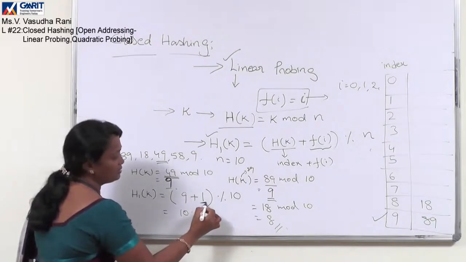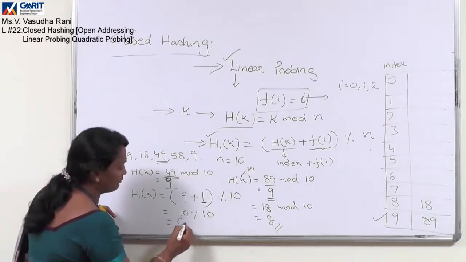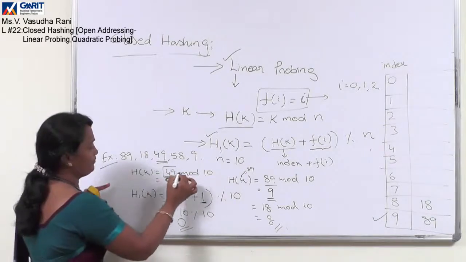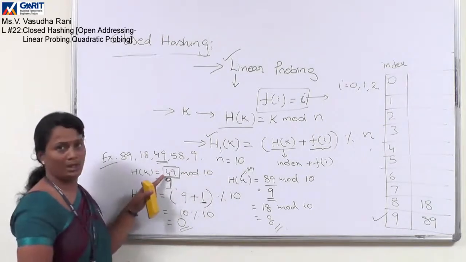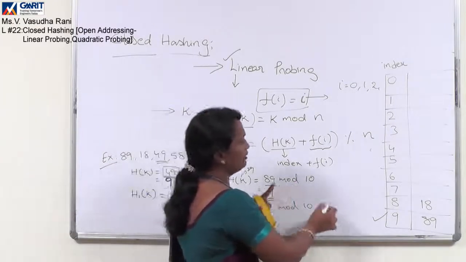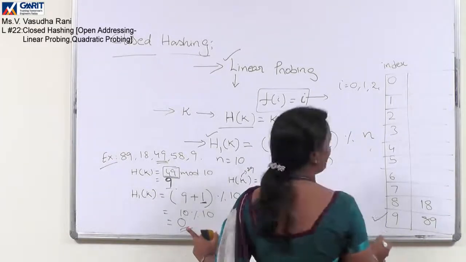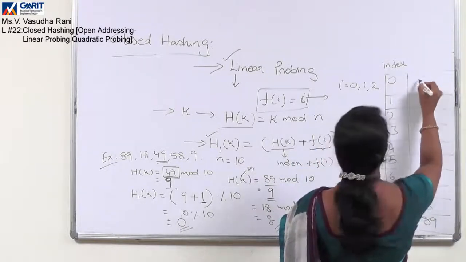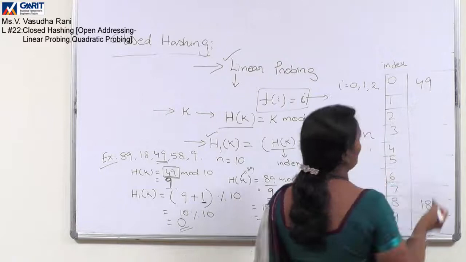So here this is the added value. We have got index 0 here. So for this second value 49, which is a synonym for 89, the index we have got is the 0th index. So into the 0th index you have to place 49.